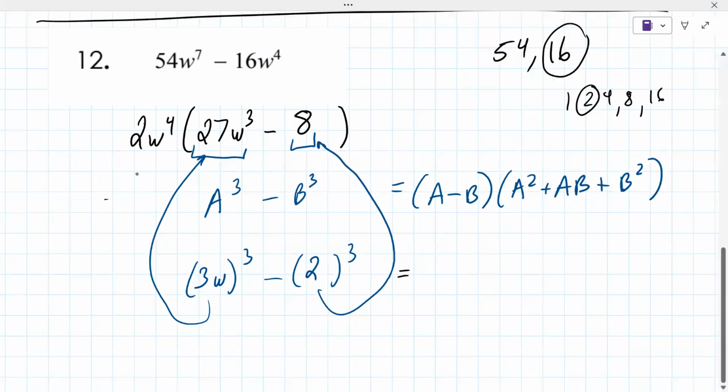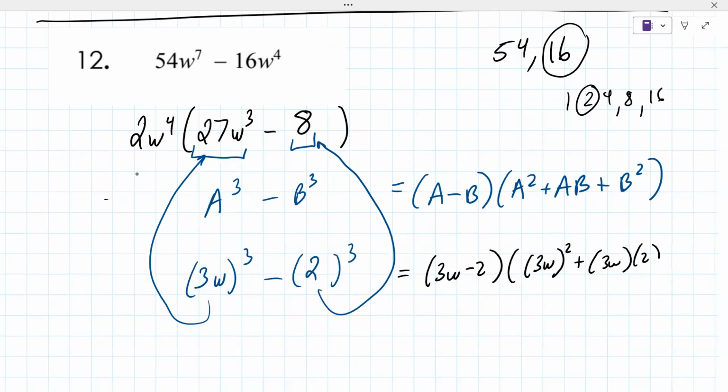So for your problem, it's 3W minus 2, that's the A and the B, parentheses 3W squared plus 3W times 2 plus 2 squared.